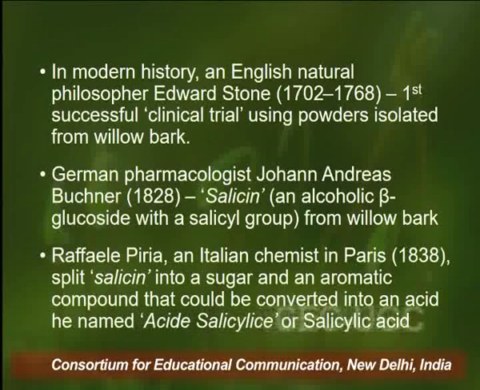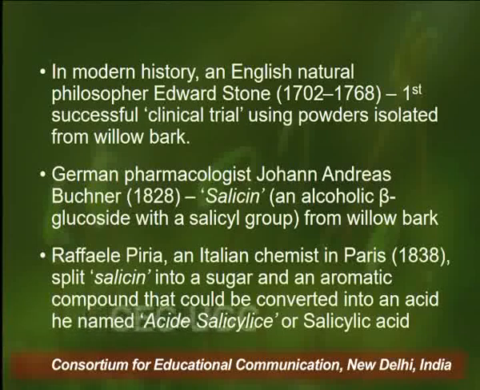And if we talk about the modern history, then Edward Stone was an English natural philosopher who successfully conducted the clinical trials on the powder of that Salix alba bark, which is also known as willow bark. So he conducted clinical trials for the treatment of fever and inflammation, and those were the first successful trials for the salicylic acid.